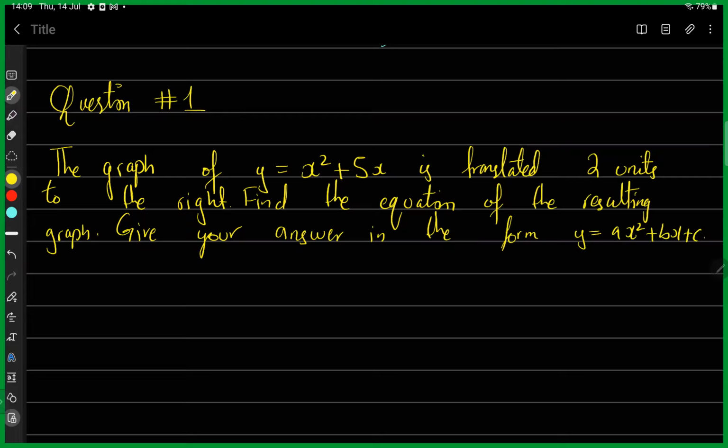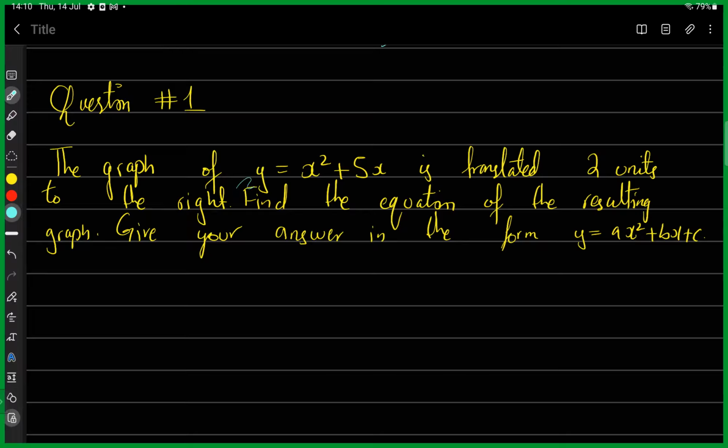What is this question saying? The graph of y equals x squared plus 5x is translated 2 units to the right. Find the equation of the resulting graph. Give your answer in the form y equals ax squared plus bx plus c. Now, this time around, although they did not give the graph, they have just explained whatever would be happening in the actual graph.